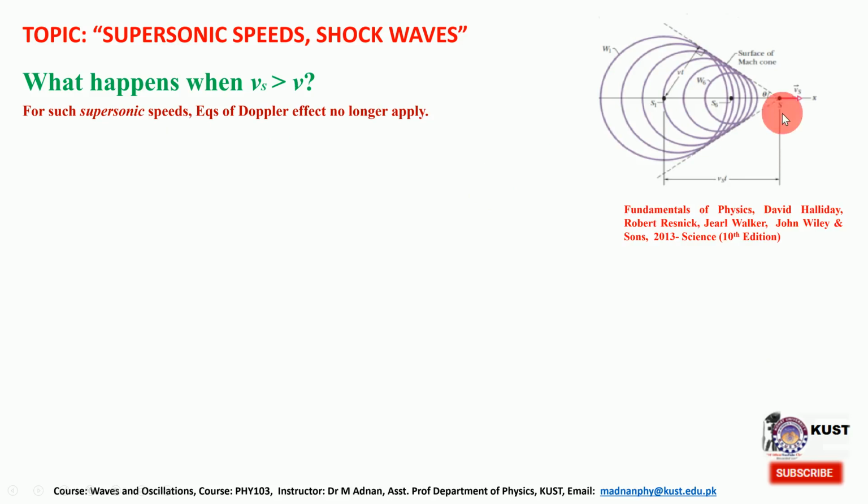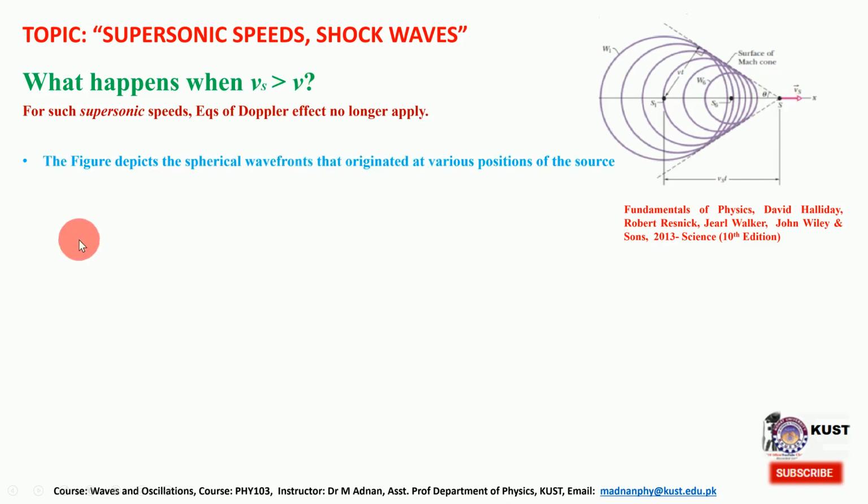Now, if we see this point representing the source of the sound that is moving with the velocity Vs, that is the speed of the source, the source is ahead of the waves, because the speed of the wave is smaller than the source speed. This figure depicts the spherical wavefronts that originated at various positions of the source.